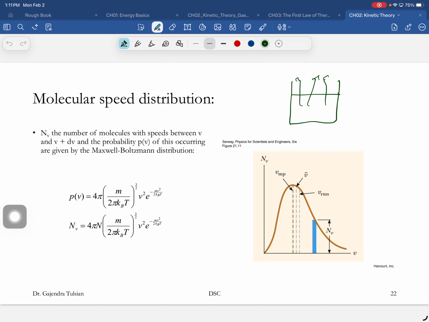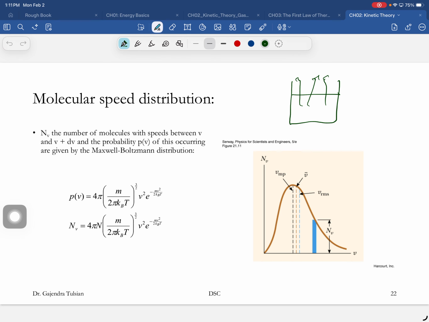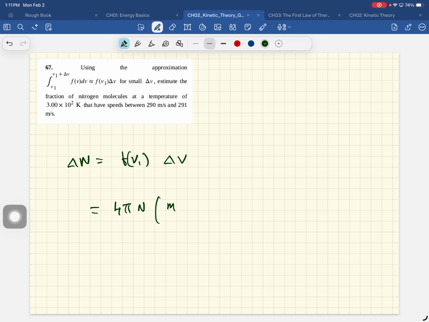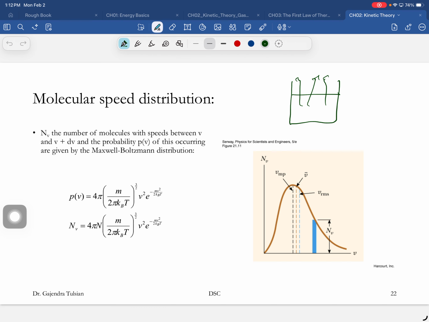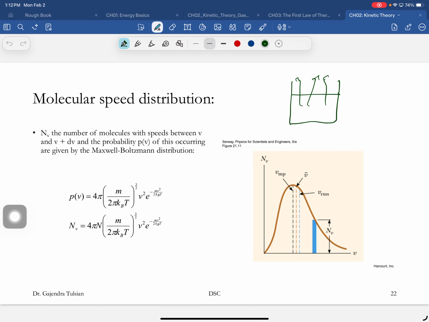Do you want me to calculate this? What kind of answer do you think you'll get? What is the average speed of gas molecules in this room? That's the temperature in this room.